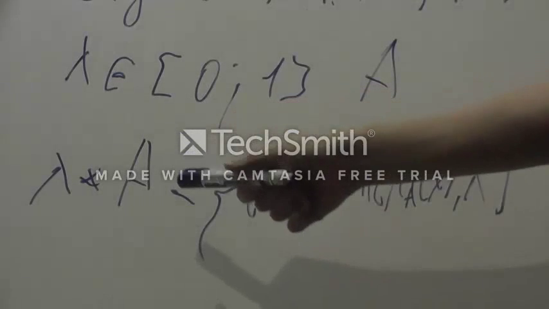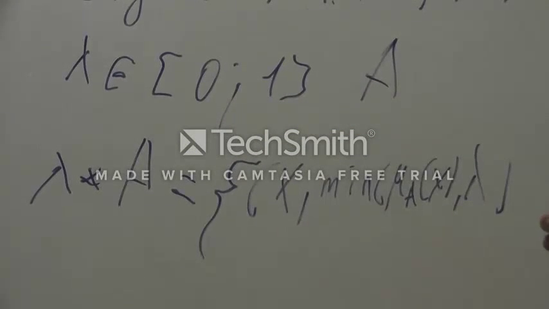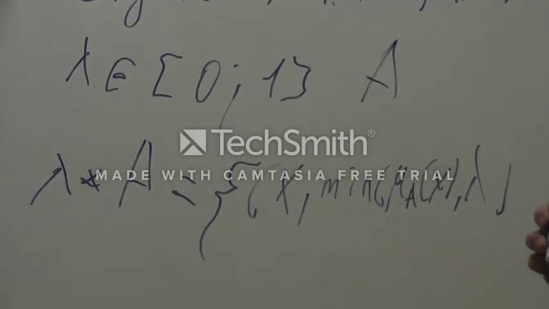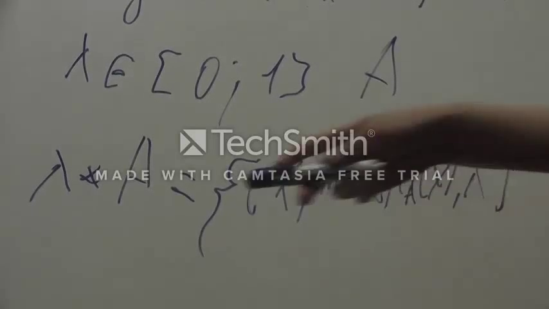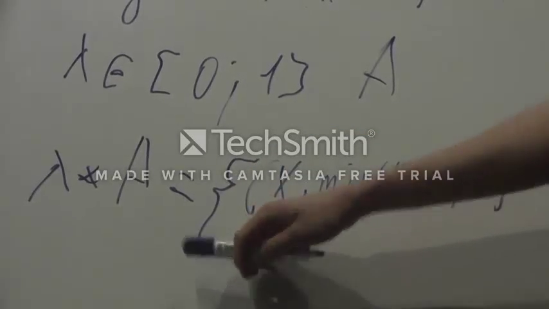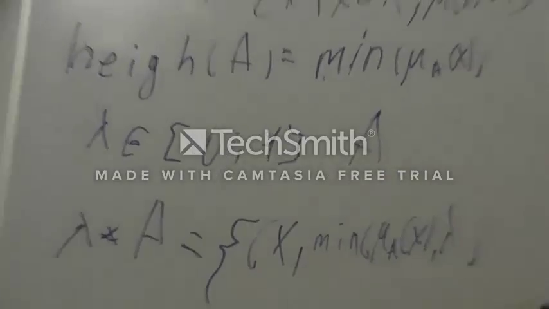So scale product bounds the fuzzy set from the side.